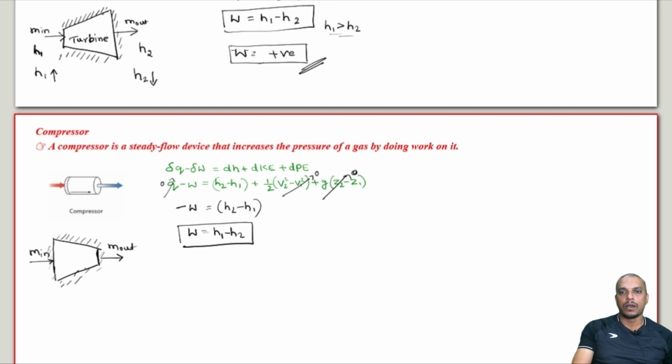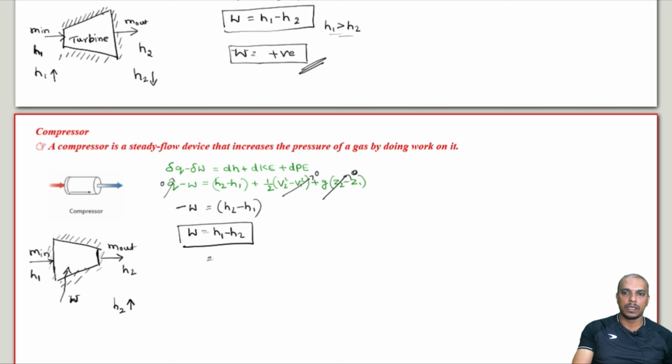Now, W is H1 minus H2. Will it be positive or negative? Let us check. This is our H1, this is our H2. Now, if we are compressing, because you are giving work to compress, after giving work, H2 will be greater.